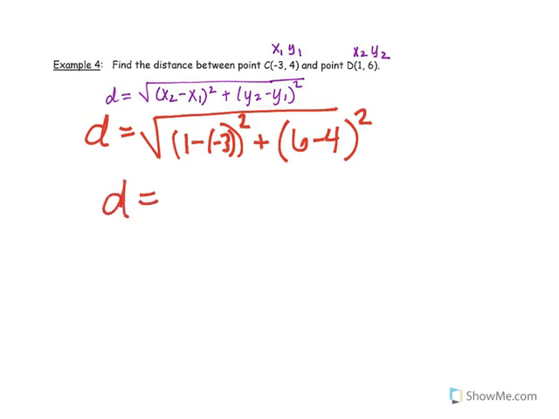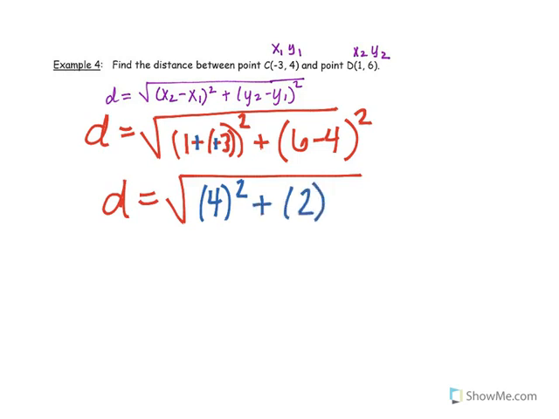So my distance equals the square root of, we do parentheses first, 1 minus a negative 3, that's going to be addition. So that becomes a 4, and I'm squaring that. Then I do the parentheses here. I'm adding that to 6 minus 4, which is 2, 2 squared.